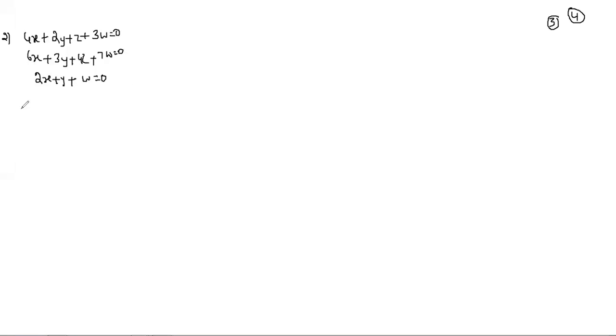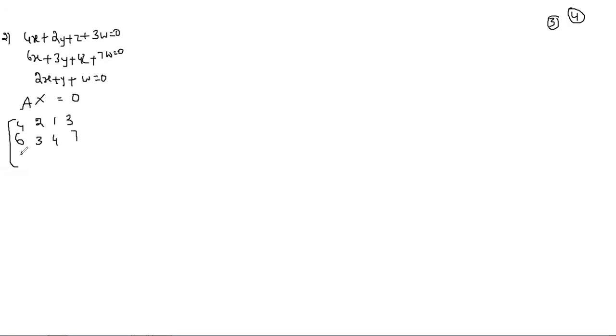Go through it stepwise. The given equations are homogeneous equations, and the first step is we have to write Ax = O. Next, immediately we have to write the coefficient matrix A. The x coefficient is 4 from the first equation, the y coefficient is 2, the z coefficient is 1, and the w coefficient is 3. Coming to the second equation, the x coefficient is 6, the y coefficient is 3, the z coefficient is 4, and the w coefficient is 7.